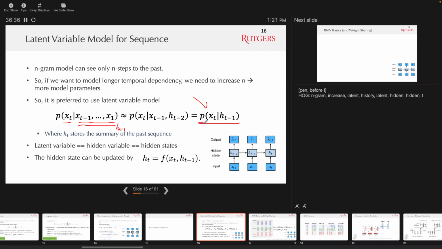And you can use this model for every time step, right? In terms of neural networks, it's actually a shared weight mechanism.